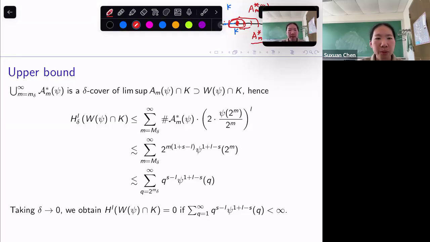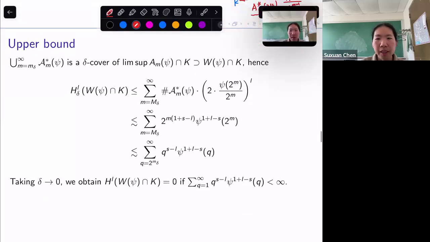Since we have this delta cover, now we just do the calculation. We have the number of intervals inside A_m^ψ, and that's their maximal length or maximal diameter. We raise it to the power L and sum over all the m from m_δ to infinity. And with the above estimate on the cardinality of A_m^ψ, we have the second inequality.